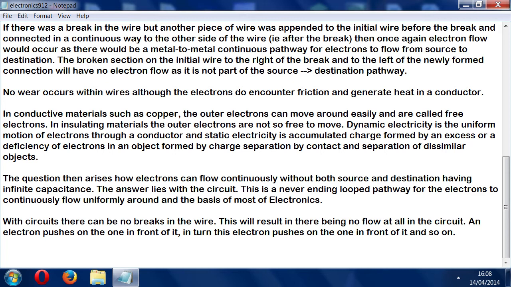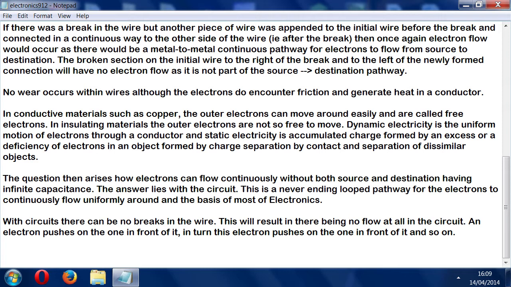So no wear occurs within wires. The electrons do encounter friction and generate heat in a conductor. I actually thought I was looking up electromigration here. Electromigration is a pretty cool thing, actually. It says there's wear within ICs and stuff like this. I can't remember what IC means now.